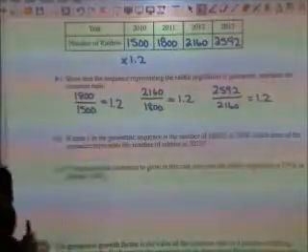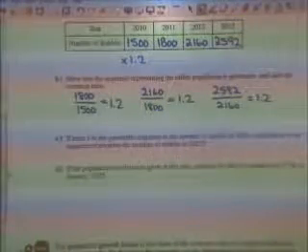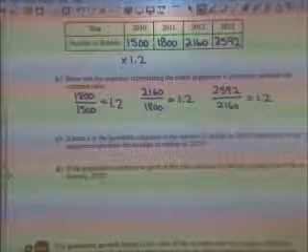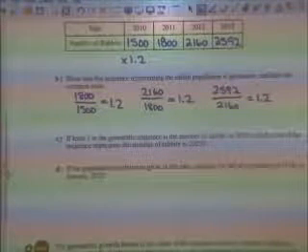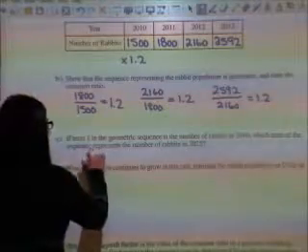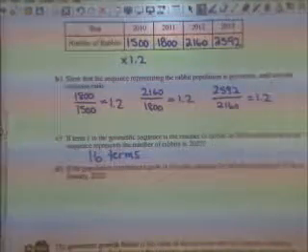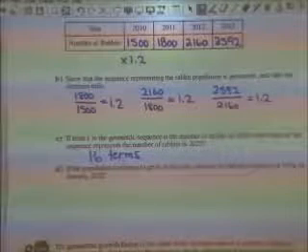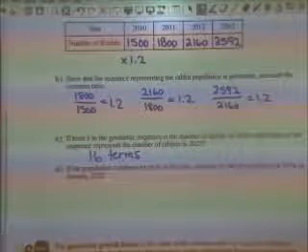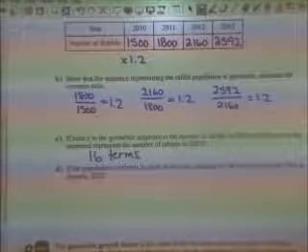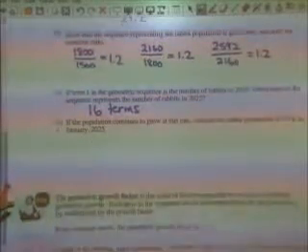In 2025, how many terms will I have traveled? 16 terms, good. So if the population grew at a rate of 20% and we don't take any other factors into consideration, how many rabbits would I have on the university grounds in 2025?